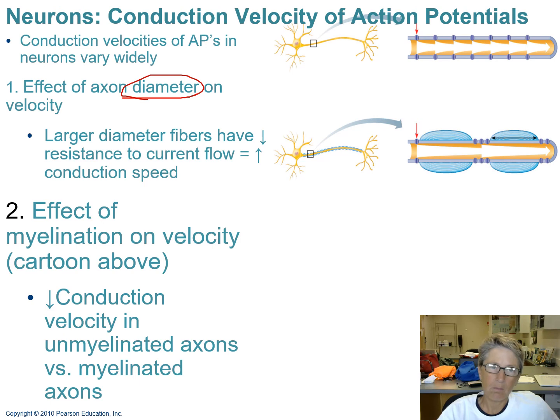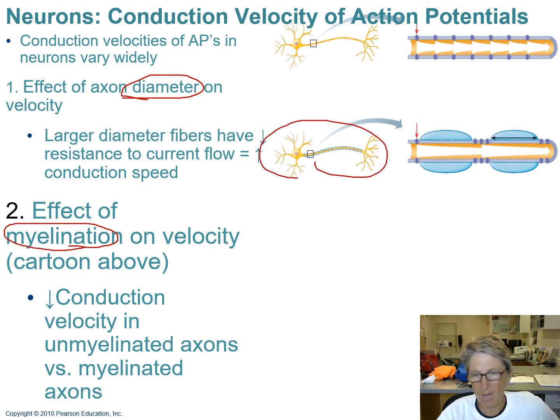The second way you can affect the velocity of your action potential is you can myelinate your axon. We showed that. So here's the cartoon of a myelinated axon. Here's the myelin sheath. This looks like it's in the peripheral nervous system, so that would be a Schwann cell myelinating. And then you can see in these nodes, the nodes between the Schwann cell myelination, you see these purple things.